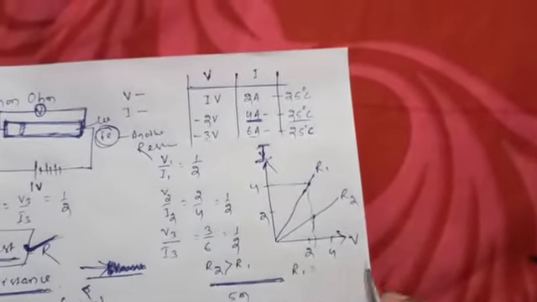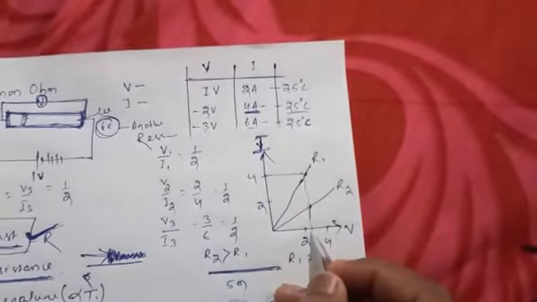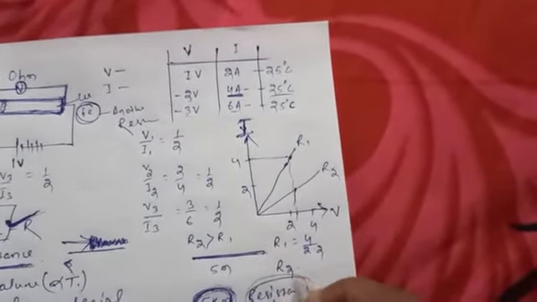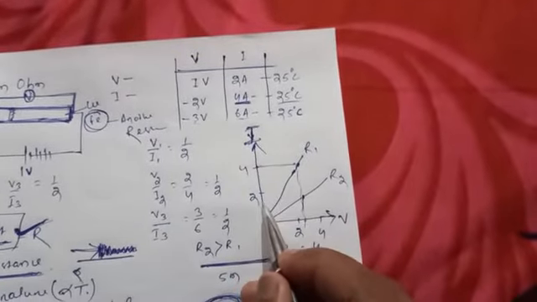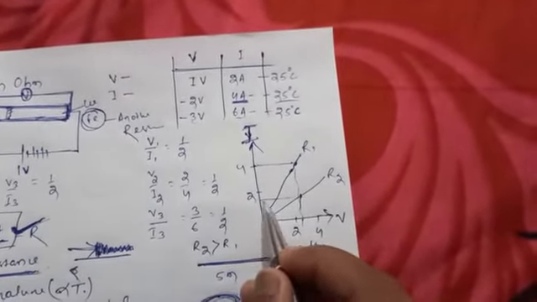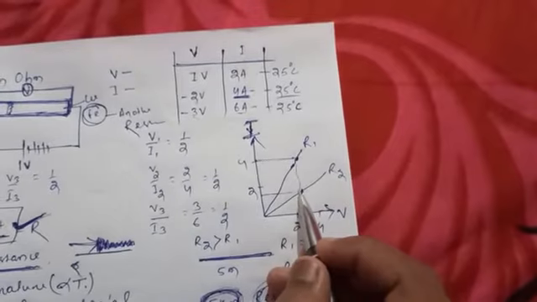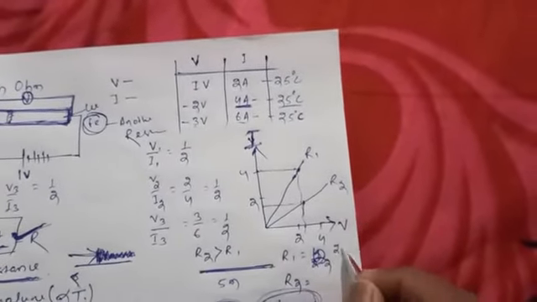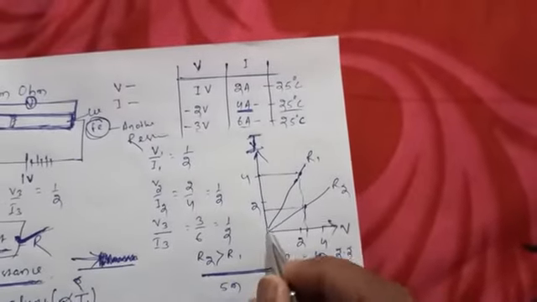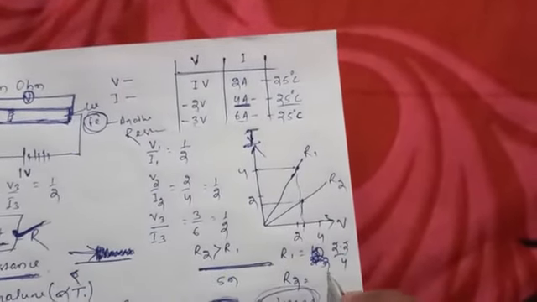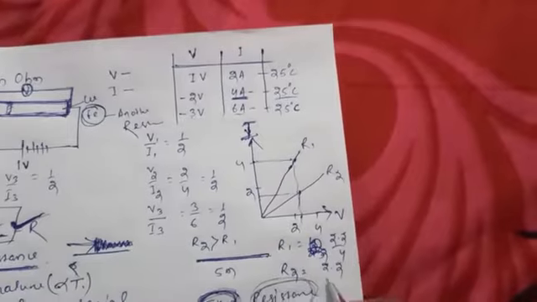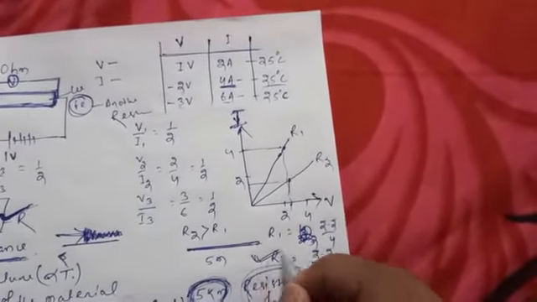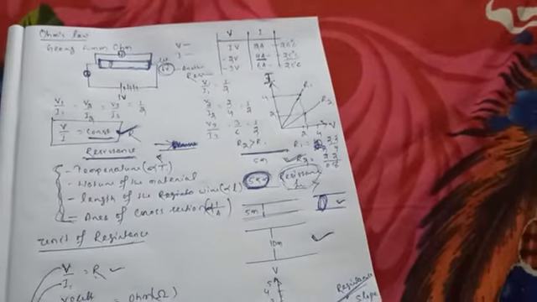I will get R1 equals 4 by 2.2, but for R2 it is altered: 2.2 by 4, here 2.2 by 0.8. Which one is greater? Clearly R2 is greater. This much is our today's topic.